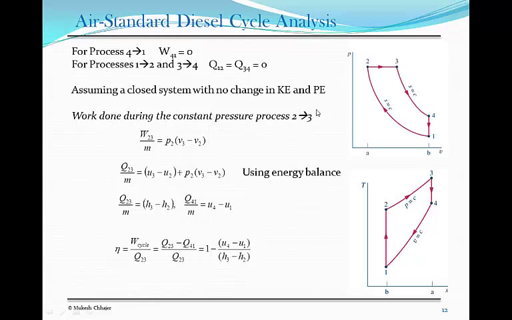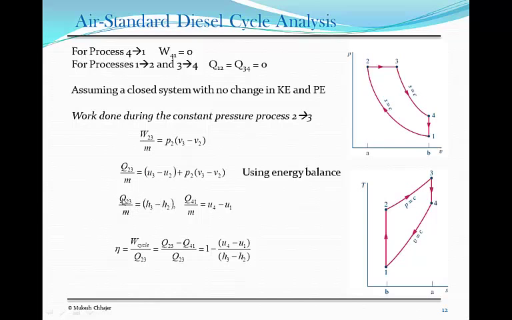So in that case, the work done during this process 2 to 3 would be just pressure times the change in volume, because pressure is constant. And then using the first law of thermodynamics, Q23, the energy transferred during this process, would be change in internal energy plus the work done, which is P times change in volume.